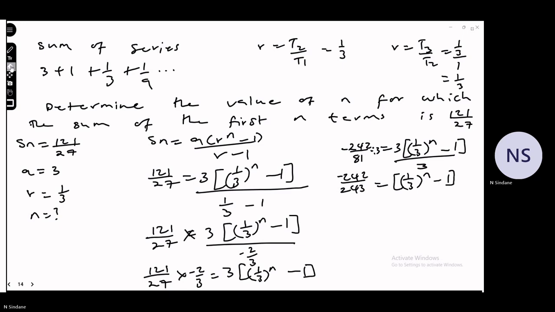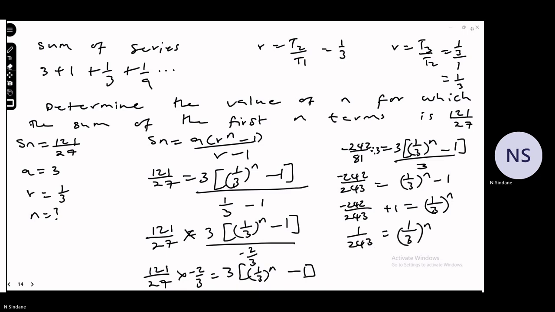Let me just remove the bracket so that I can transpose. Then this gives me negative 242 over 243 plus 1 equals 1 over 3 to the power n. Adding 1 to this solution gives me 1 over 243 equals 1 over 3 to the power n.